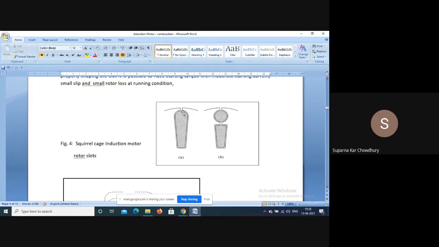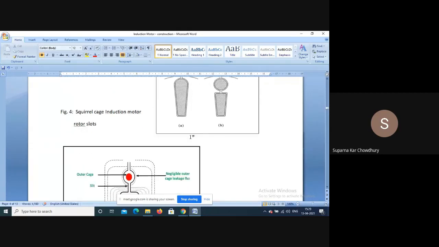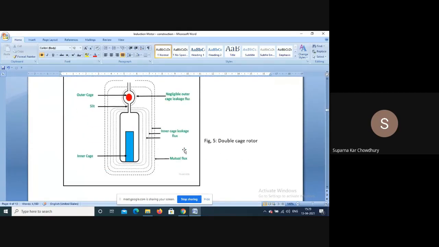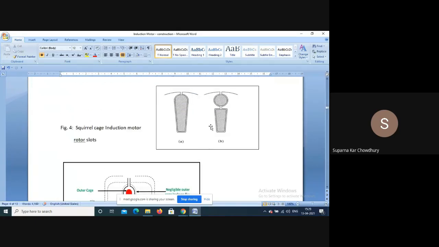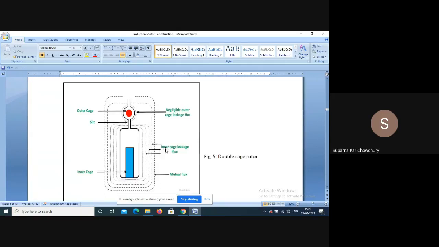In a deep bar rotor, the rotor bar depth is quite high. So what happens is that if we see the leakage flux, this is drawn for the double squirrel cage. The leakage flux distribution of the lower cage and the upper cage will be like this.